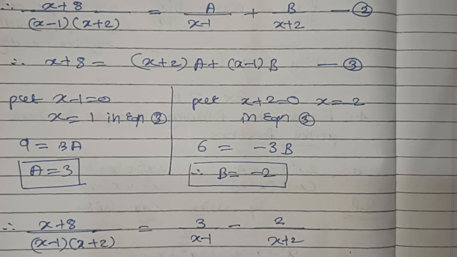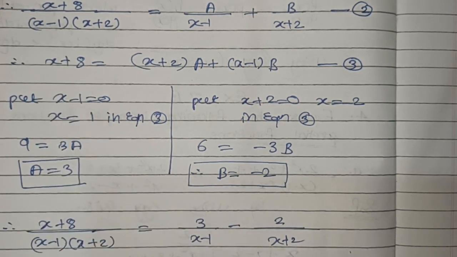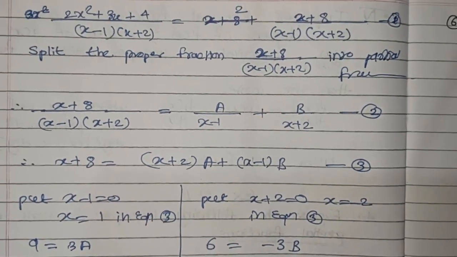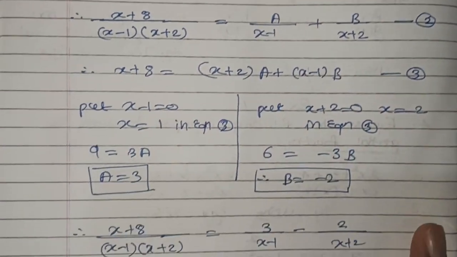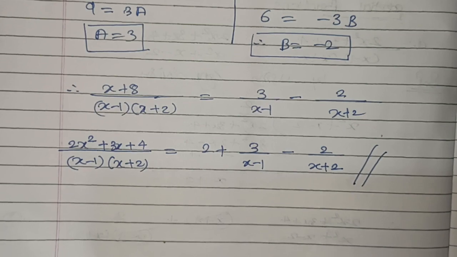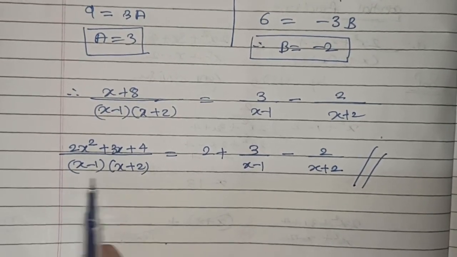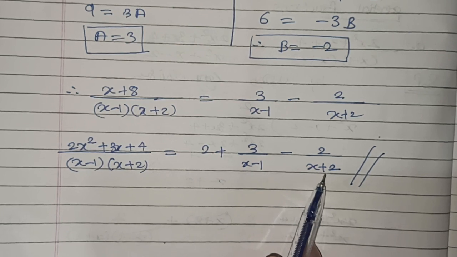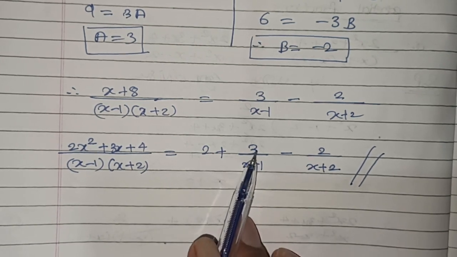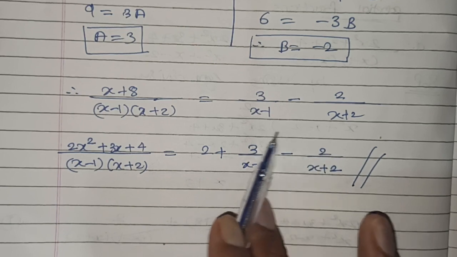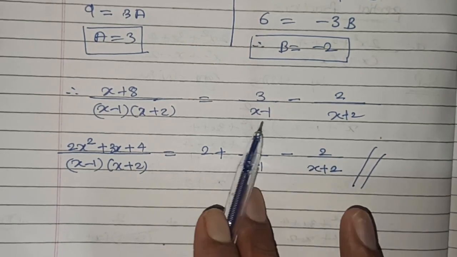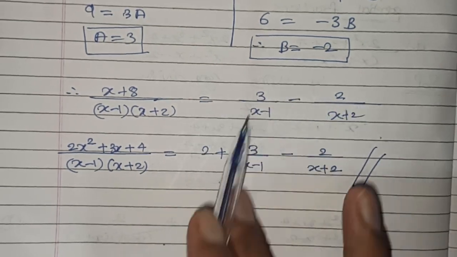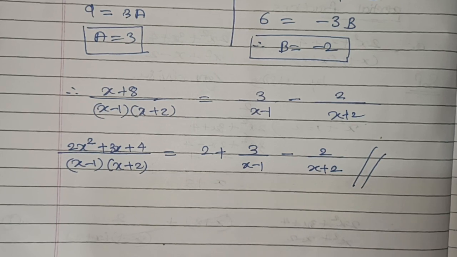Now put this in equation number 1, right? So our improper rational function can be converted into partial fractions. Okay, 2 plus this is our proper rational function जो हमने अभी convert किया partial fractions में, right? This is our final answer.